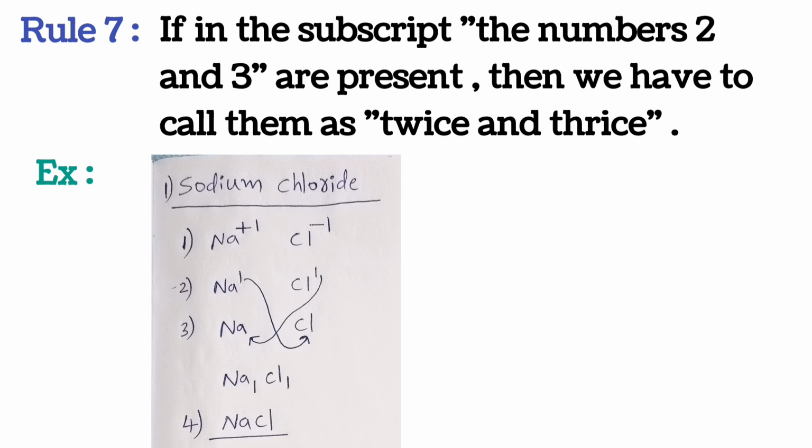And the chlorine symbol is Cl, and its oxidation state is -1. Now leave the charges. Now exchange their valencies oppositely to the subscripts. Now the subscript has number 1, so we ignore it. The final formula for sodium chloride is NaCl.